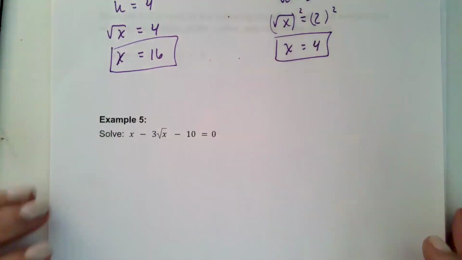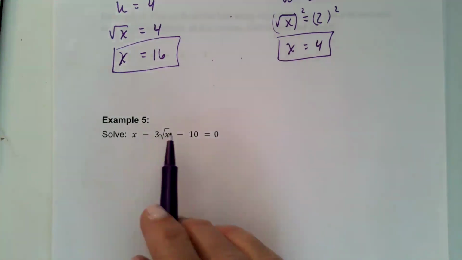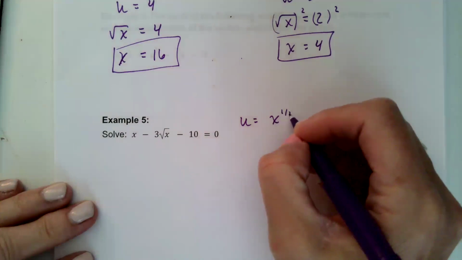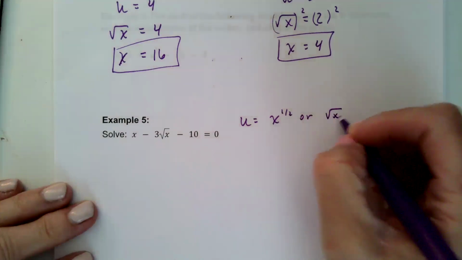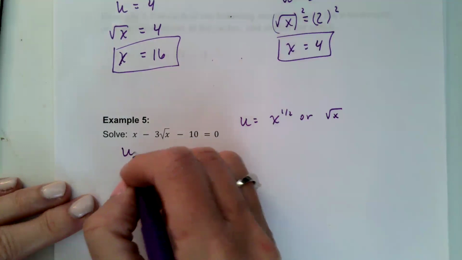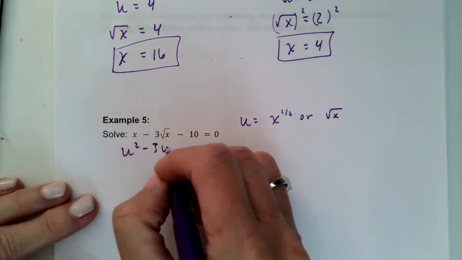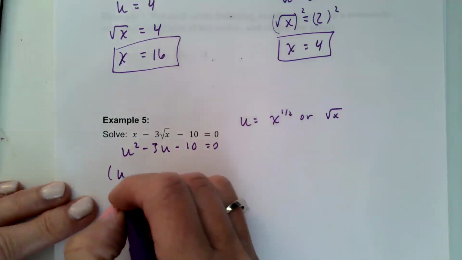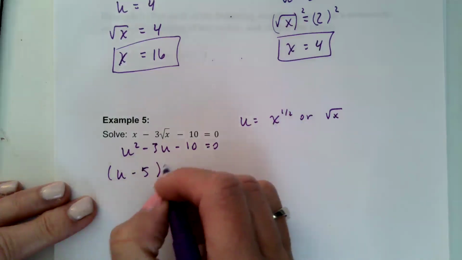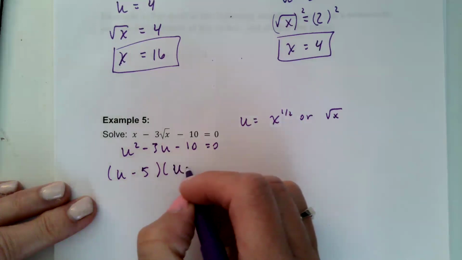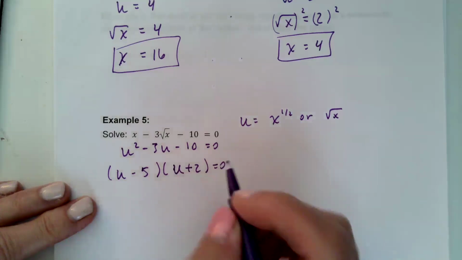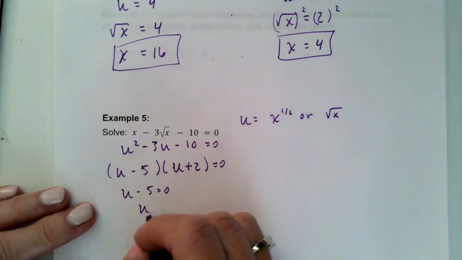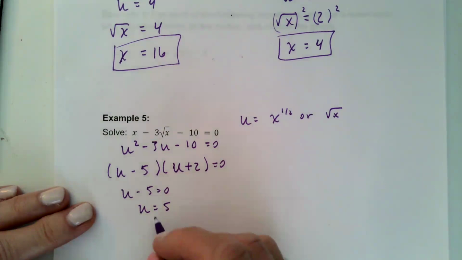So let's do something similar for example 5. Again, we have the square root of x, so we're going to let u be x to the 1/2, or the square root of x. So we have u squared minus 3u minus 10 equals 0. That factors into u minus 5 times u plus 2 equals 0. So u minus 5 equals 0, so u equals 5.